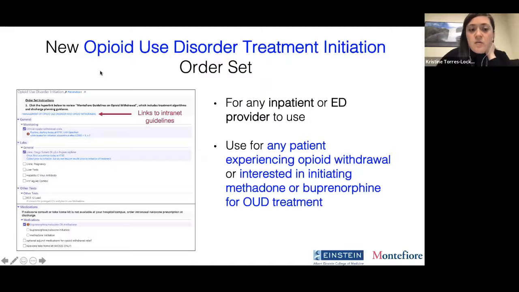And so again, I just wanted to make a plug for the order set, because these are the doses and the intervals that are recommended in the order set. So it makes it really easy for you guys. You don't even have to think about it. It also puts in the COWS order as well, and we're doing a lot of education with the nurses so that they will be able to do these nursing assessments for COWS scores and dose the medication based on their COWS assessment.